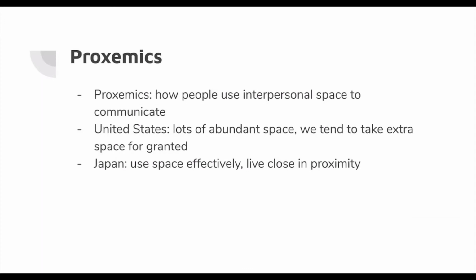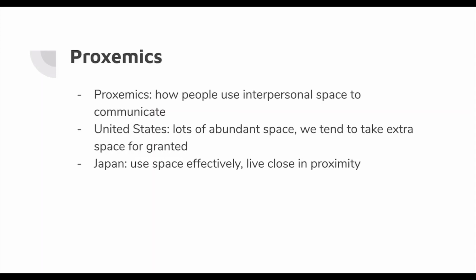Proxemics is basically just how people use interpersonal space to communicate. Whenever we look at the United States, we tend to have a lot of abundant space and we tend to take this extra space for granted. For example, I know a lot of people tend to have that extra room in their home that's just kind of unused. They are really off limits sometimes. And then whenever we look at Japan, they use their space pretty effectively and they live very close in proximity.